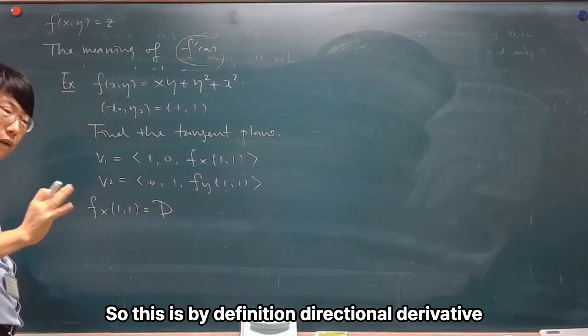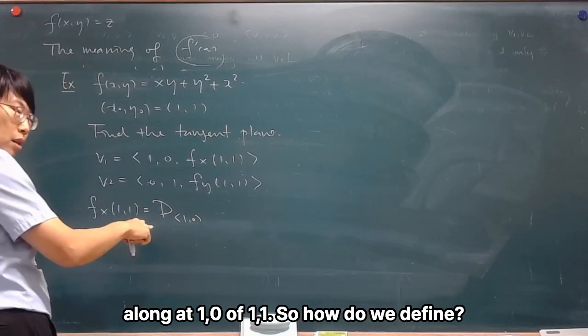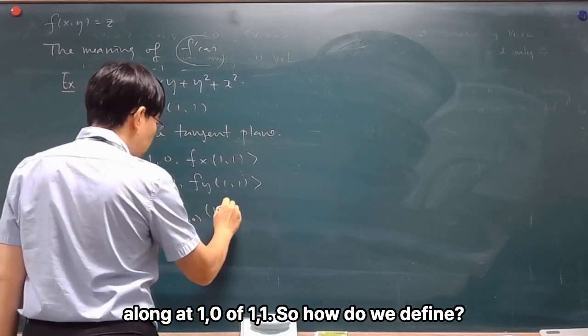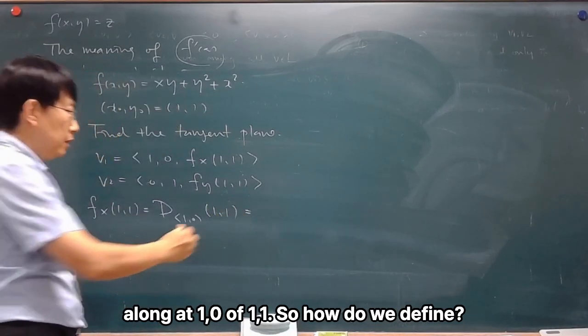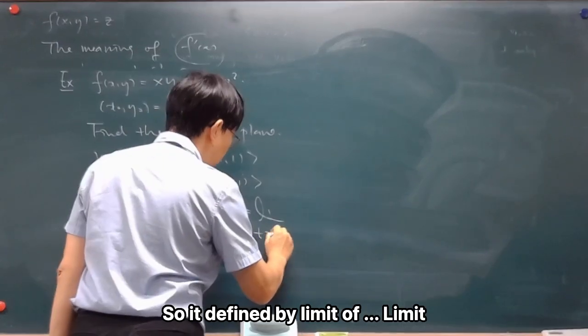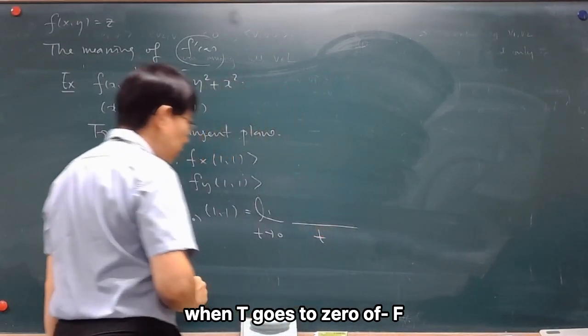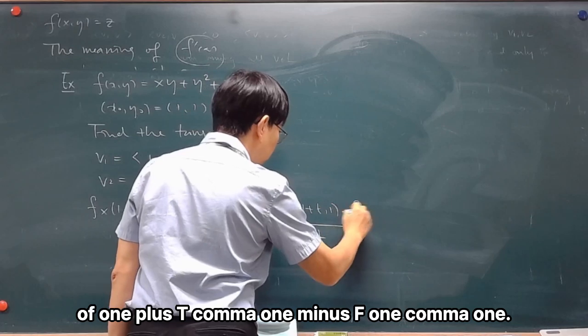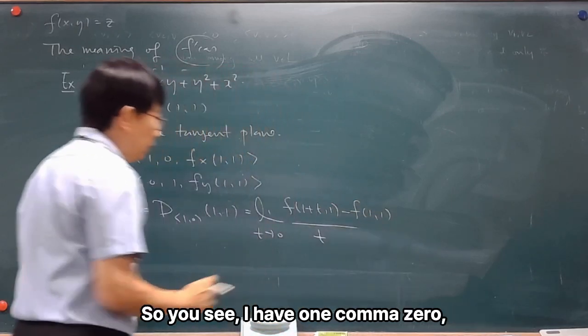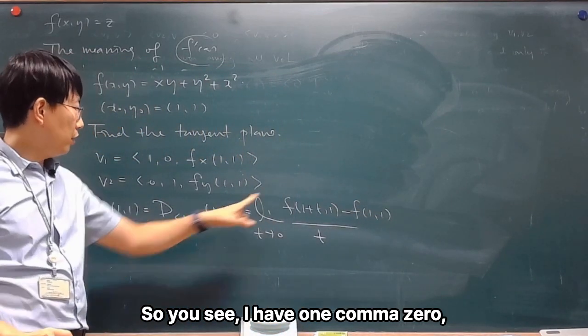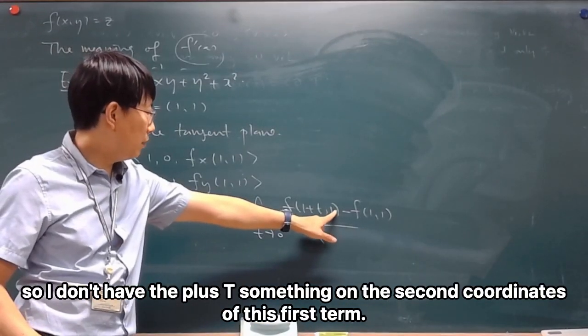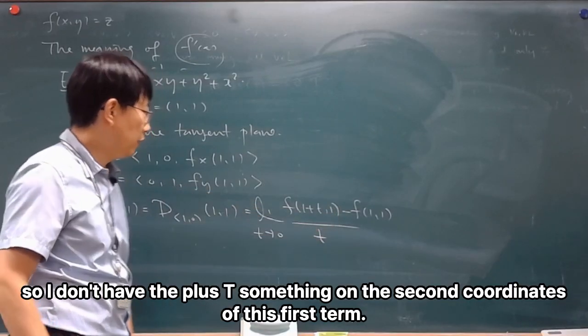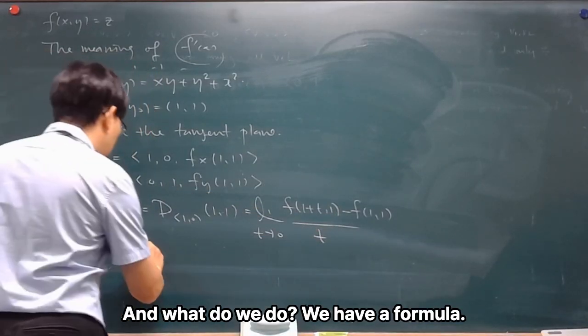By definition this is the directional derivative along 1, 0 at 1, 1. So how do we define it? It is defined by the limit as t goes to 0 of f of 1 plus t, 1 minus f of 1, 1. So you see, I have 1, 0, so I don't have the plus t on the second coordinate of this first term.